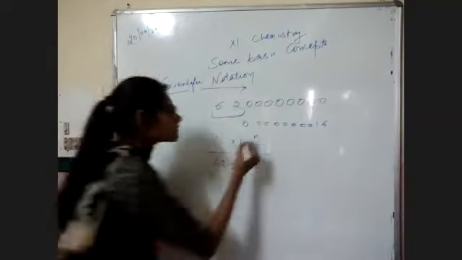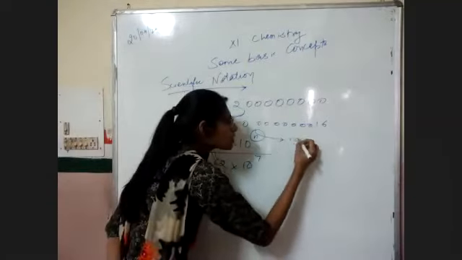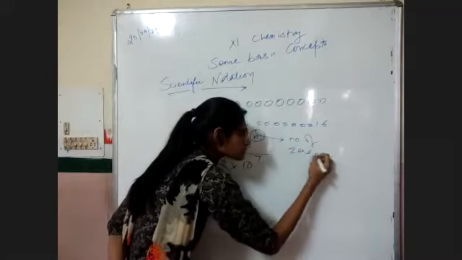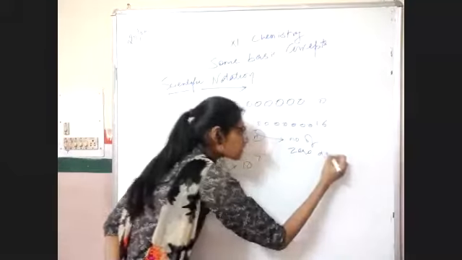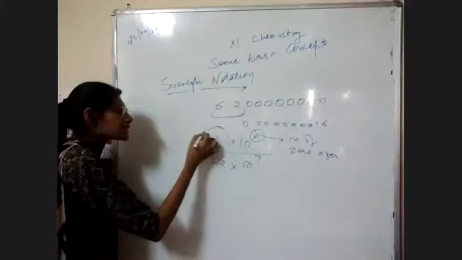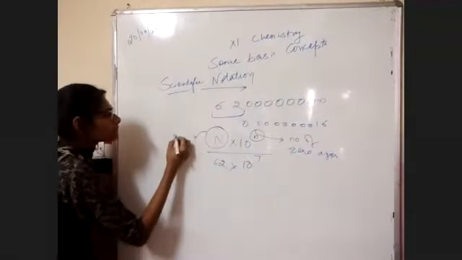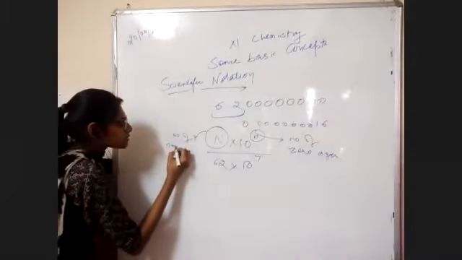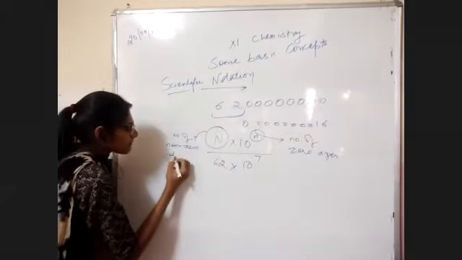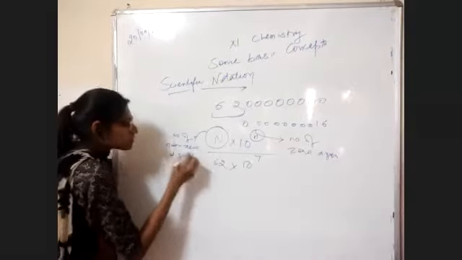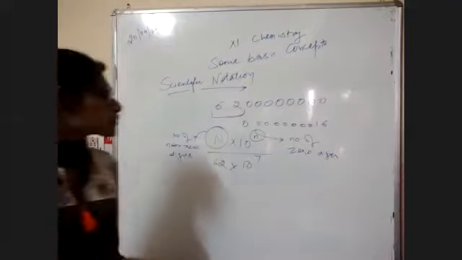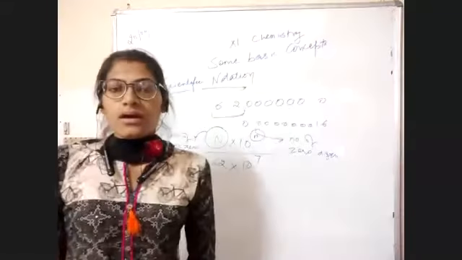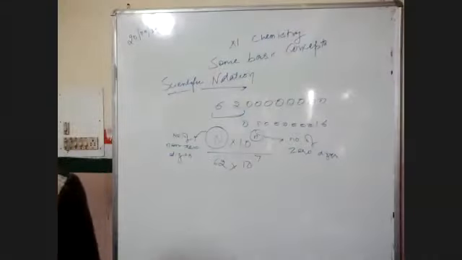So small n would represent the number of zero digits, and in the very same manner, capital N would represent the number of non-zero digits. That's the first point, the first way to represent your equation. Let me give an example to clarify further.